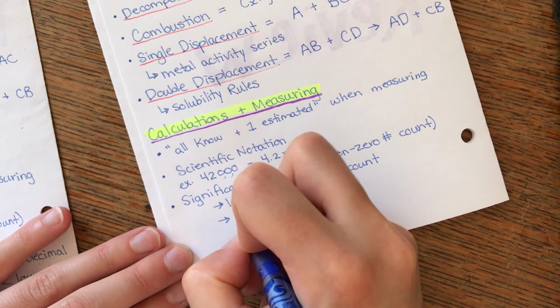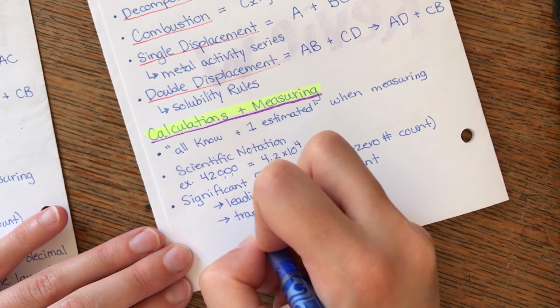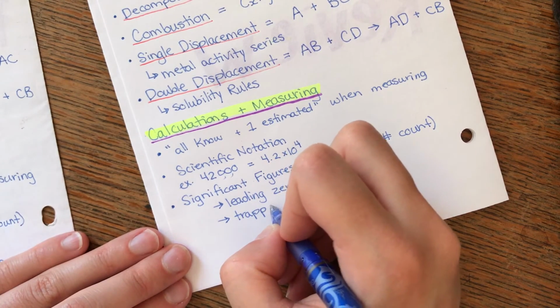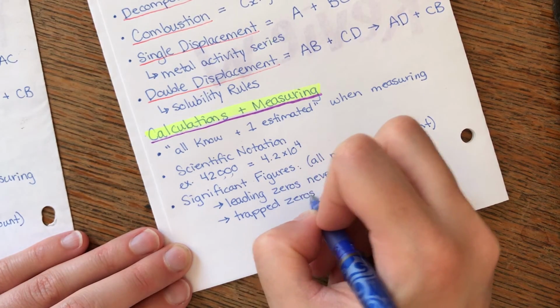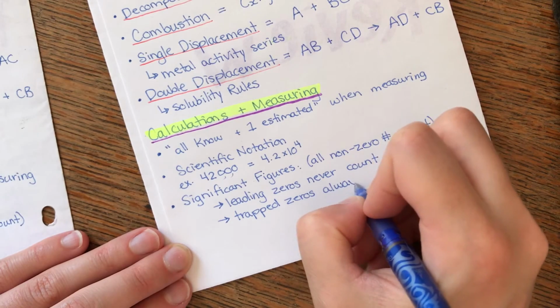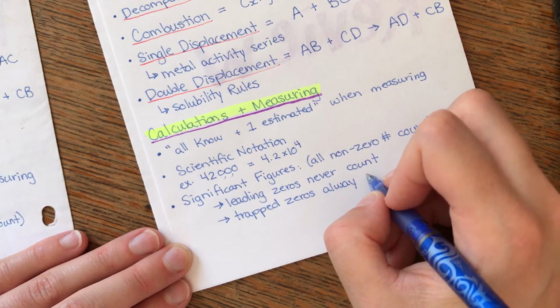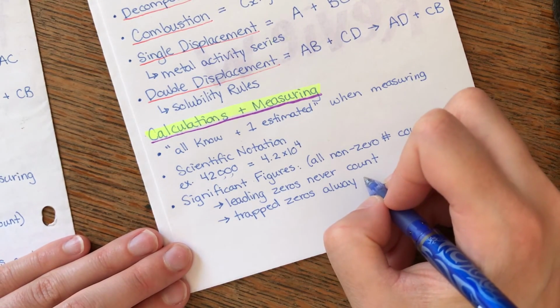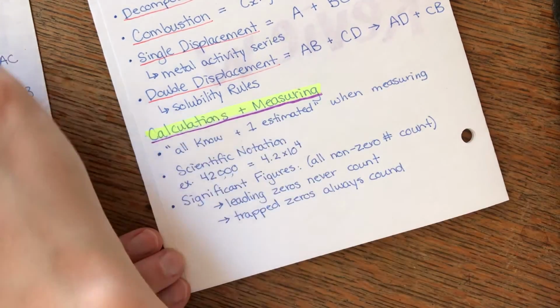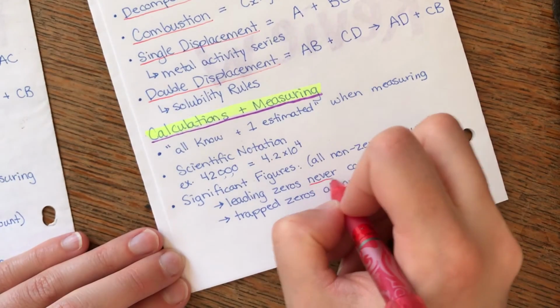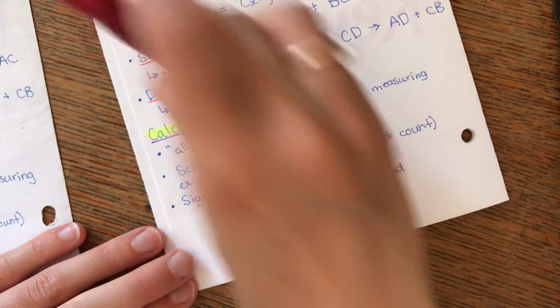Then you have trapped zeros. So a trapped zero is a zero that's between two non-zero numbers, and they always count. So if you have 502, then you would have 3 significant figures. So leading zeros never count, trapped zeros always count.